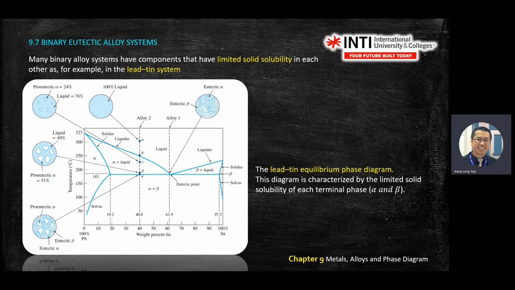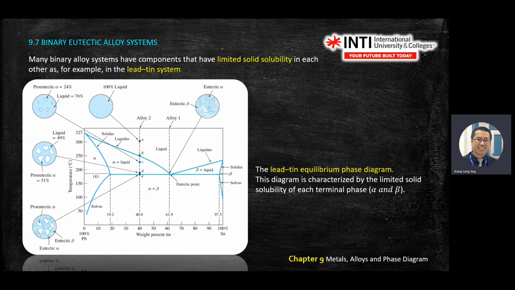Alloy 1 has one point here, called the eutectic point. If you put your finger here and stand here, you have a mixture of lots of things: a mixture of alpha and beta, alpha and liquid, beta and liquid, and also liquid at this point. This point is called eutectic.